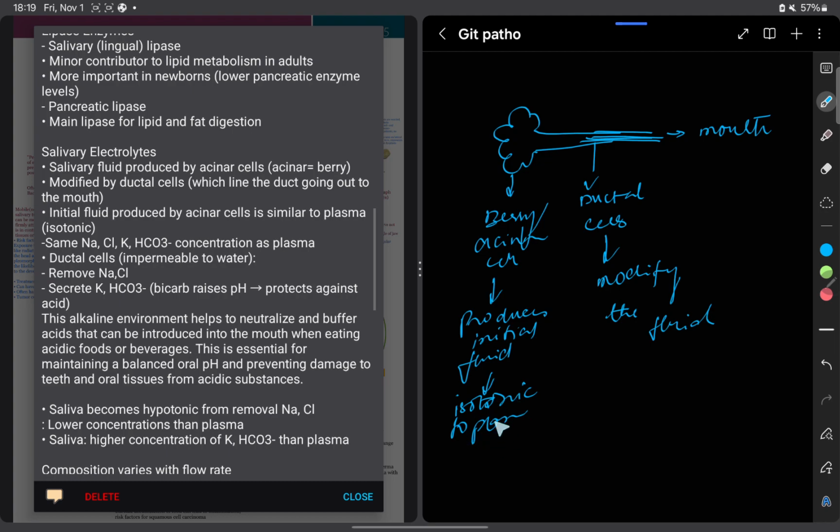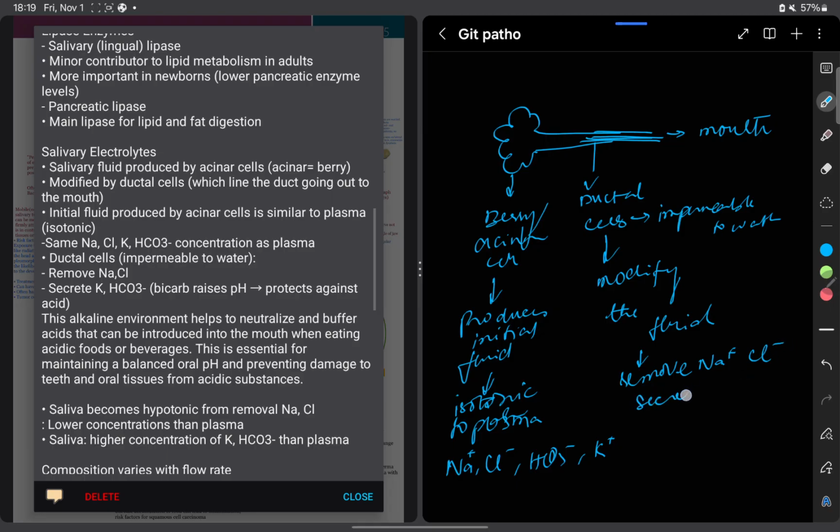Since it is isotonic to the plasma, it contains sodium Na+, Cl-, HCO3-, and K+. And these ductal cells are impermeable to water. So these remove Na+ and Cl-, and these secrete K+ and HCO3-.